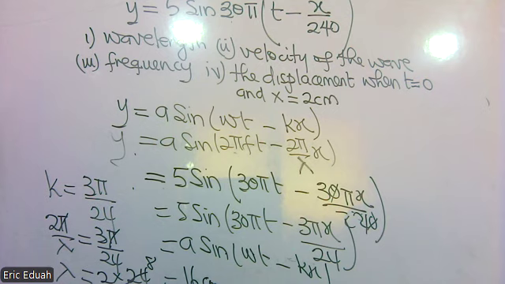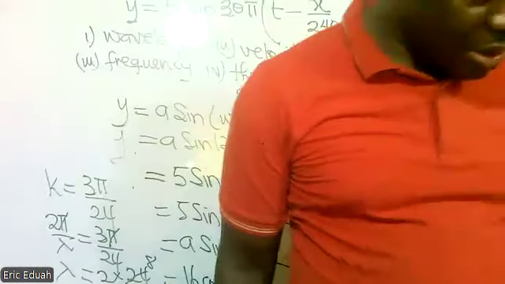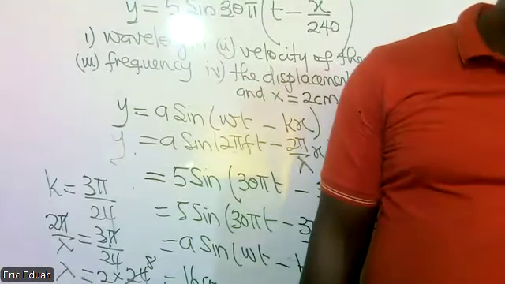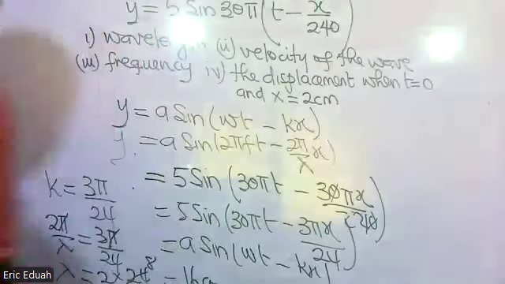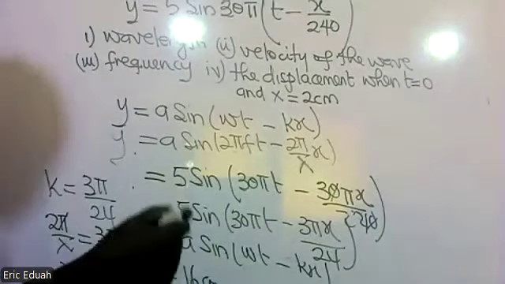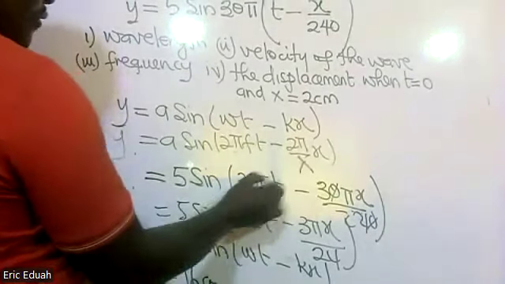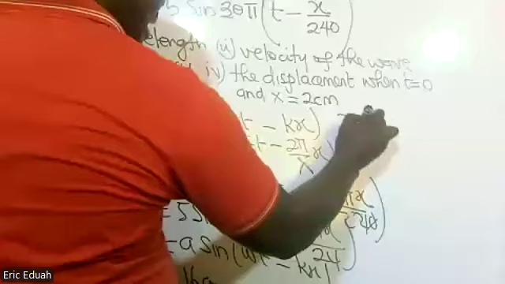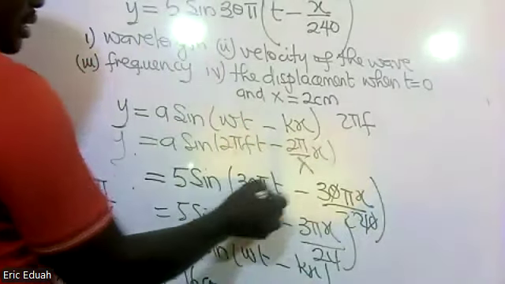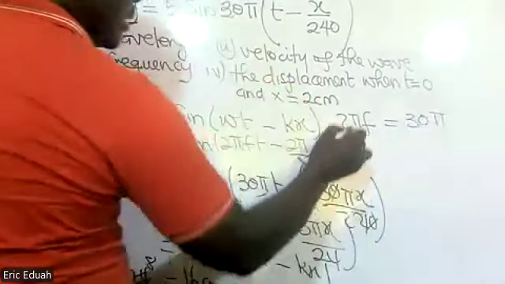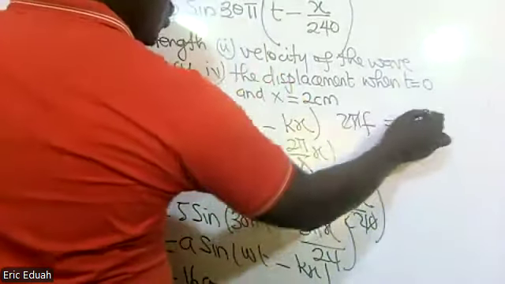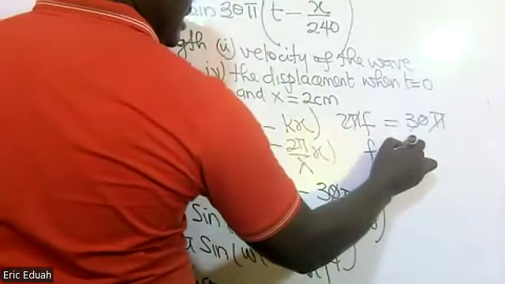I had 15 hertz. Frequency is 15. This is because this time we have 2 pi F equated to 30 pi. So 2 goes into 30, 15.